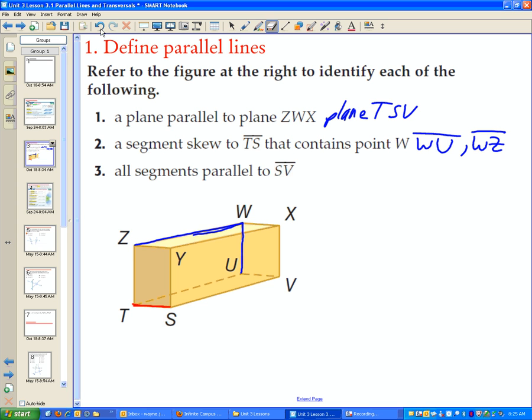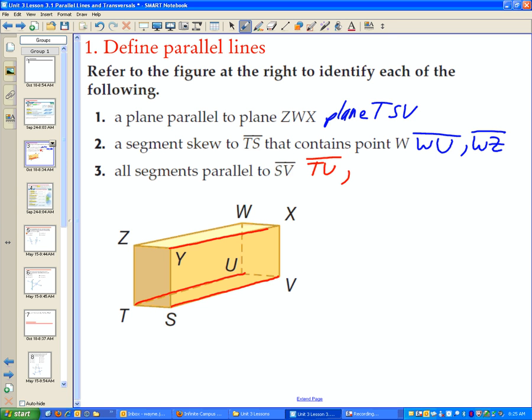3. All segments parallel to segment SV. So let's see, SV. All right, so name me a segment that's parallel to segment SV. Segment TU. They are definitely coplanar. They're not going to intersect. Name me another one.